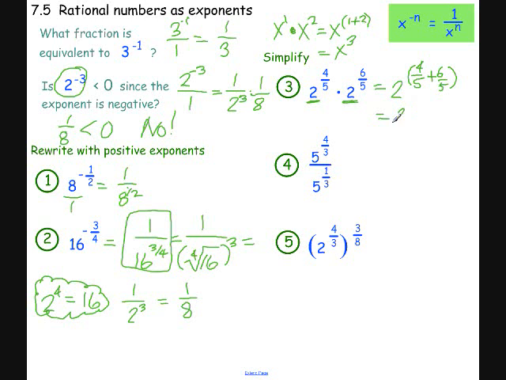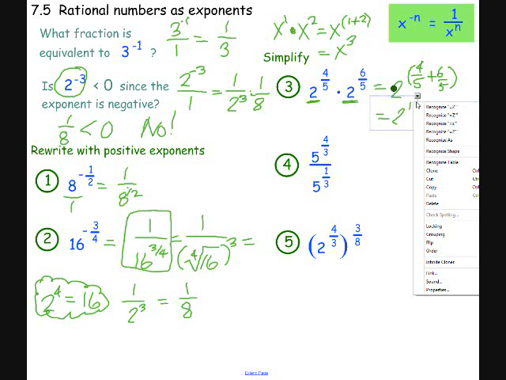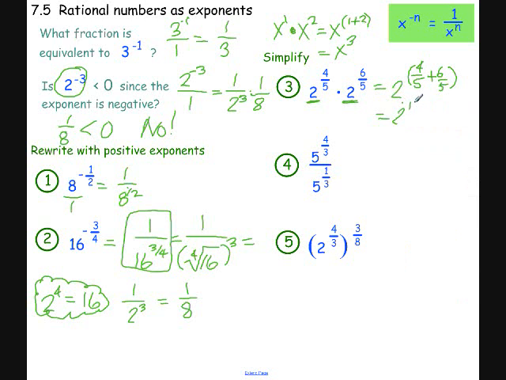That's going to be 2 to the, I just add the numerators, right? 2 to the 10/5, which, 10 divided by 5, is 2 squared equals 4. That is beautiful.